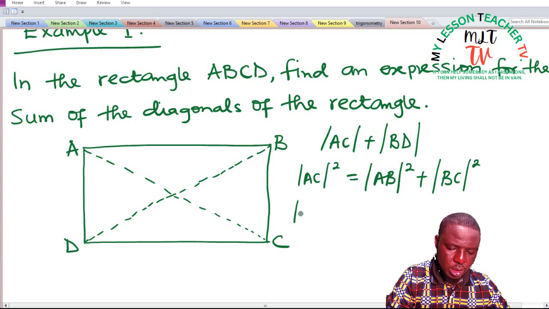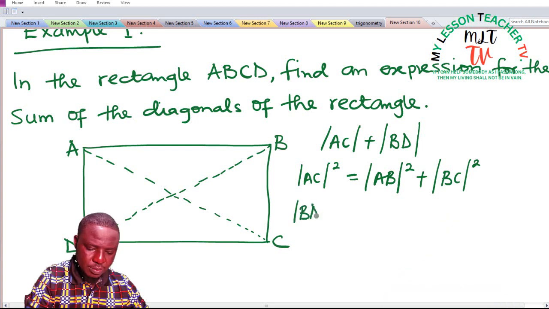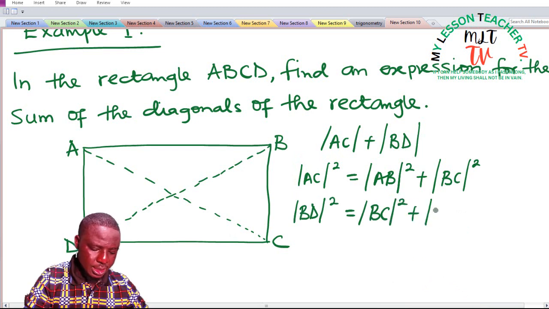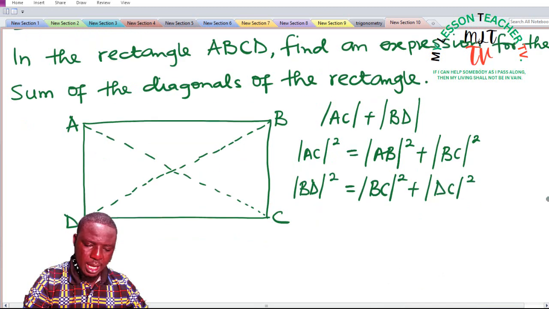And also BD squared, when you consider triangle BDC, is equal to line BC squared plus line DC squared. And now we are looking for the sum of these two.